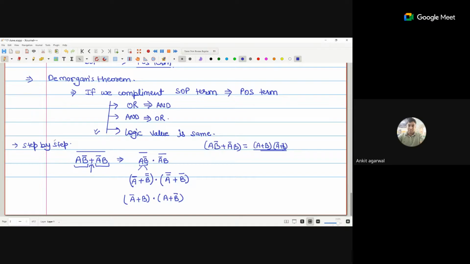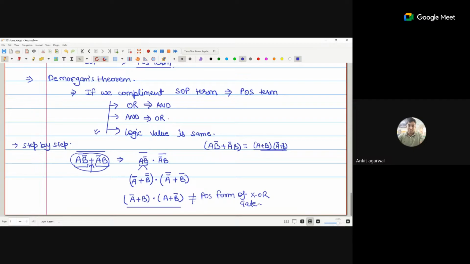Now if we apply De Morgan's theorem to this, this is my input, and if I apply De Morgan's theorem, I get an output that is not equal to the POS form of the XOR gate.